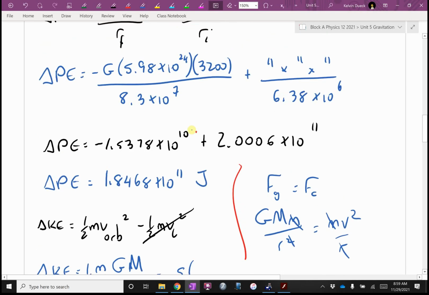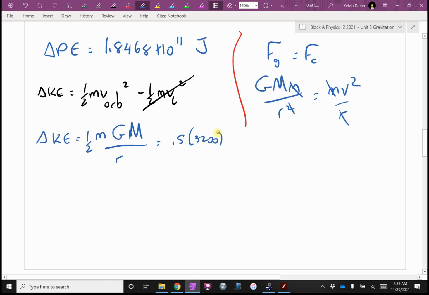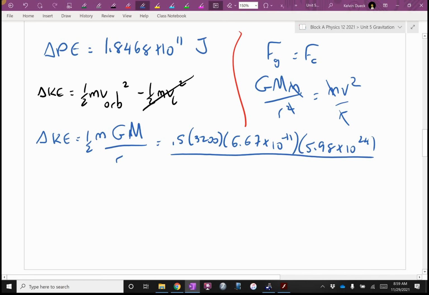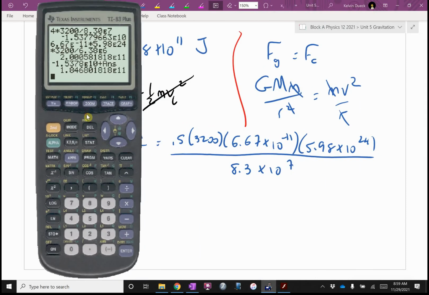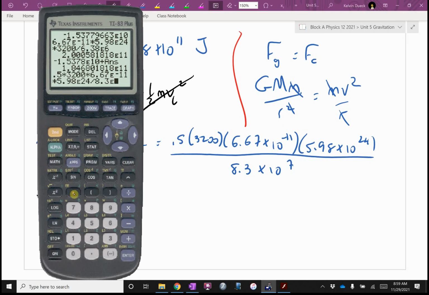It's going to be 0.5 times little m, 3200, times big G, 6.67 times 10 to the negative 11, times big M, 5.98 times 10 to the 24th, all over little r, 8.3 times 10 to the 7th.